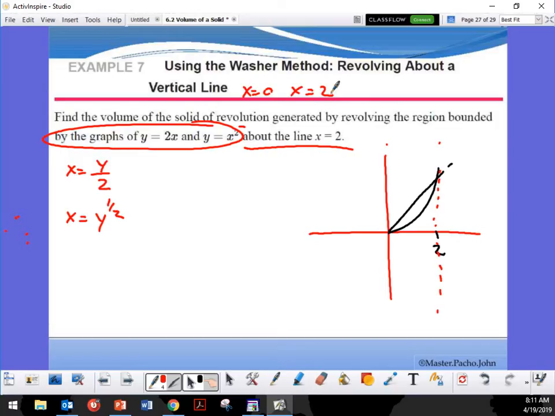So my bounds are going to be 0. And when I plug in x equals 2, that's going to give me 4. I'm going to do that, but I'm setting up my problem. Because this is going to go up to 4 right here, because it's going to be in terms of dy now.